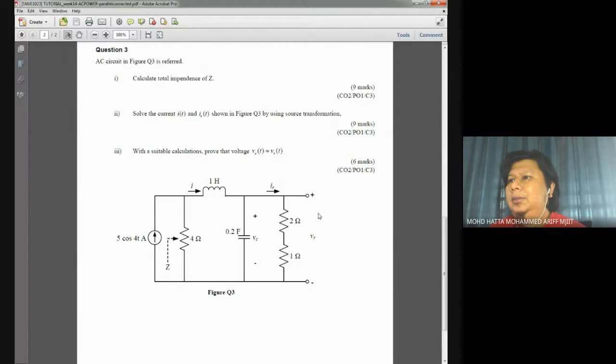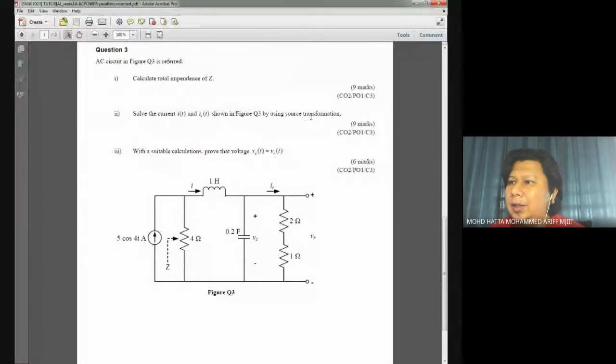All right. Now, according to the AC circuit in figure 3, we try to calculate the total impedance. Total impedance Z means the total impedance looking from the source. And we try to solve I of t and IR of t, shown in figure 3, by using source transformation.